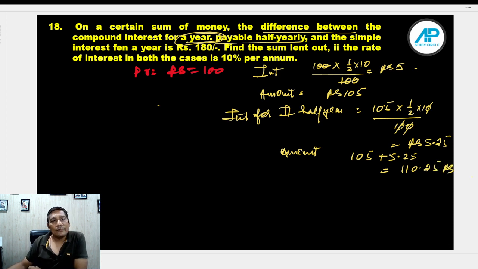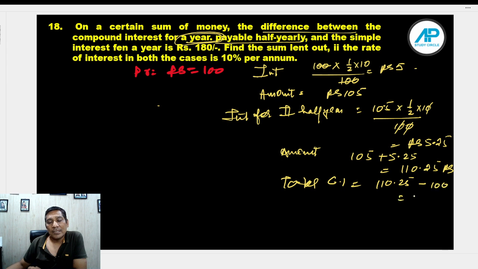And then the total compound interest is 110.25 minus 100 rupees, that is equal to 10.25 rupees.